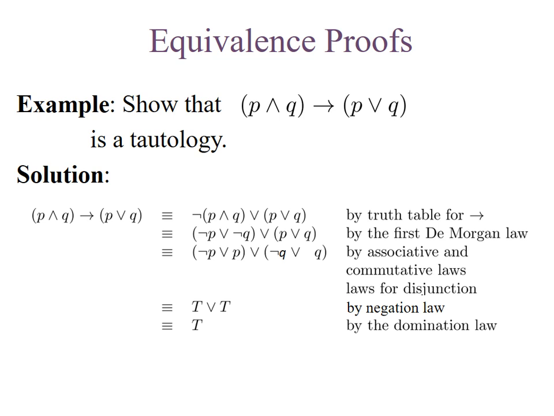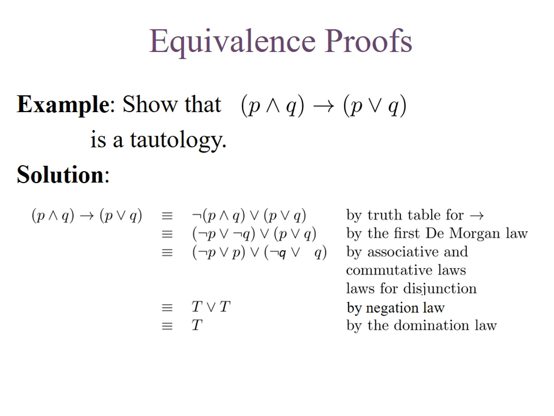Like I said, the only way to rewrite the conditional statement is: if P then Q equals not P or Q. So we have not (P and Q) or (P or Q). After that, we can apply De Morgan's law because we have negation in the parentheses. So we have not P or not Q, or P or Q. You can see that actually all the operations are OR.